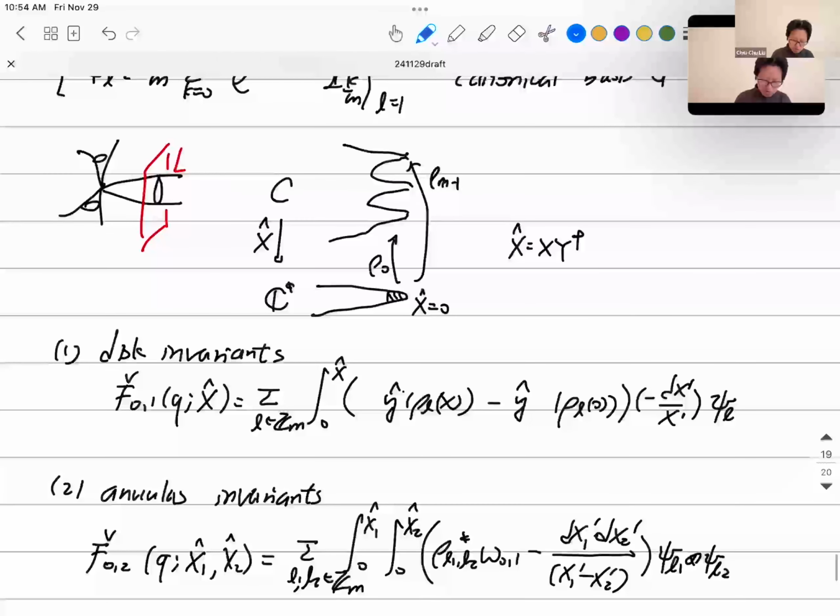So for this invariant, basically we take the antiderivative of omega 0,1. Recall that omega 0,1 is y dx.